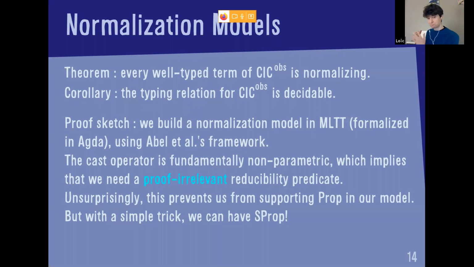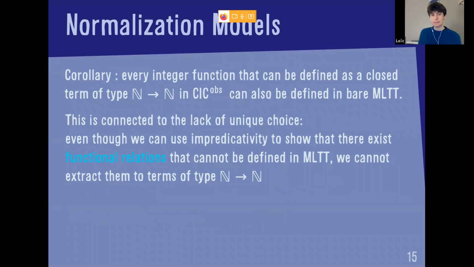So it might come as a surprise that we are able to prove normalization for an impredicative type theory in a predicative one. And really, this is connected to the lack of unique choice. Because in our type theory, we have a difference between the functions that we can define as terms of type nat → nat, and the functions that we can define using impredicativity as functional relations.